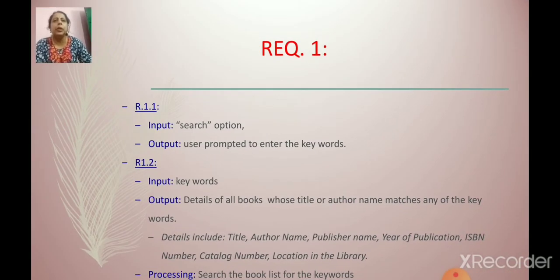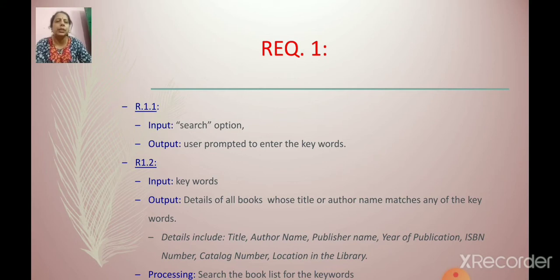Requirement 1, the search book option, can be written in detail like this. Here the input is the search option, and the output is that the user is prompted to enter the keyword.